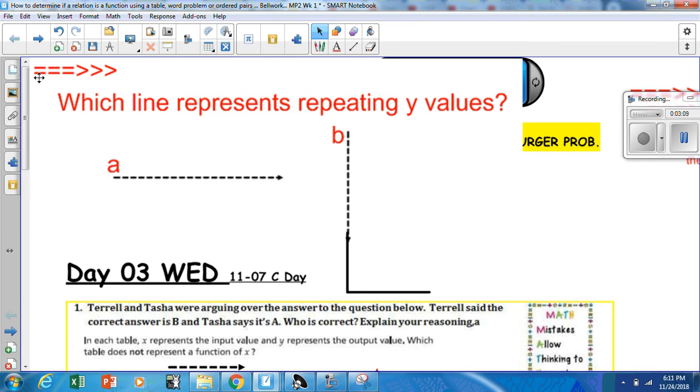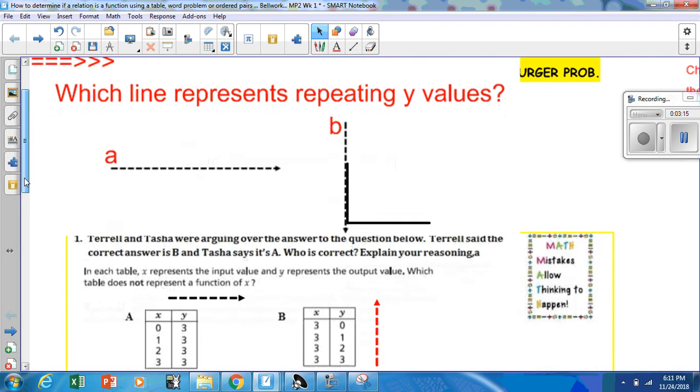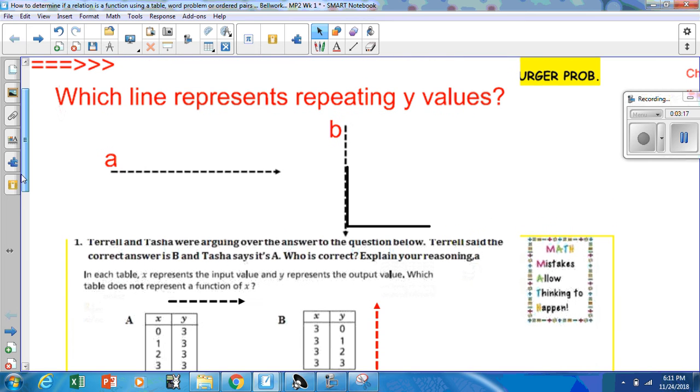From what I just pointed out, anytime we have repeating Y values, it's representing a vertical line. Now, I said vertical, but I mean the horizontal line. Repeating Y values give us this horizontal line.